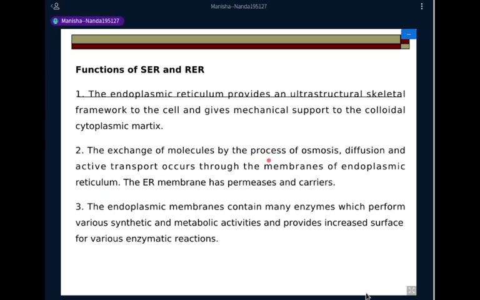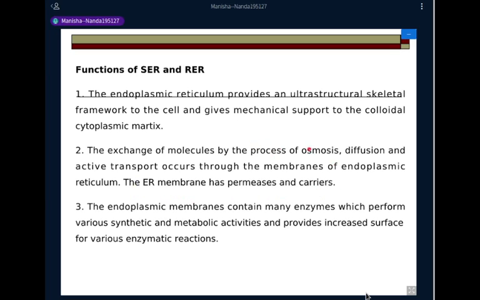Then the exchange of molecules by the process of osmosis, diffusion, and active transport occurs through the membranes of endoplasmic reticulum. And for this purpose, the ER has various permeases and carriers.